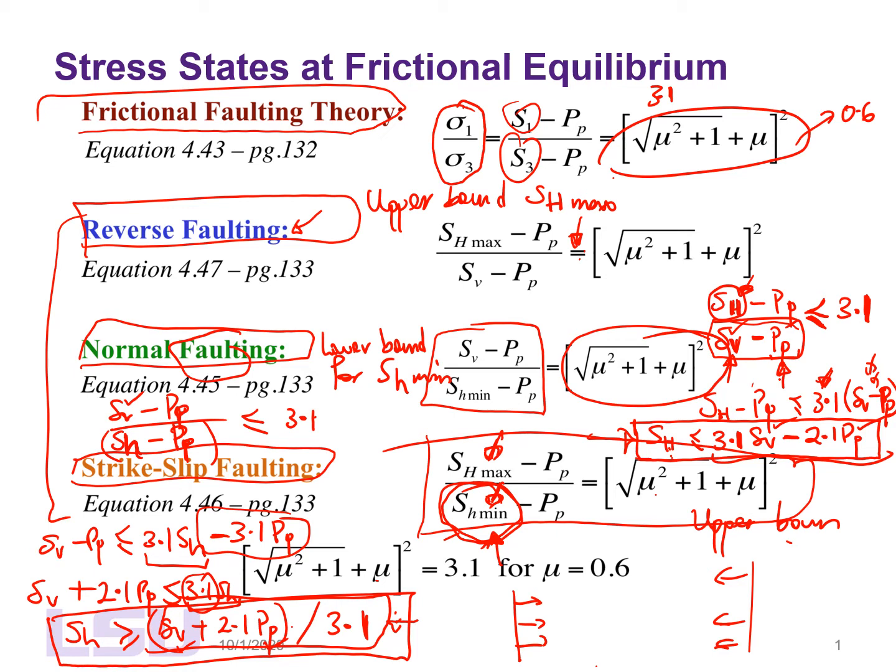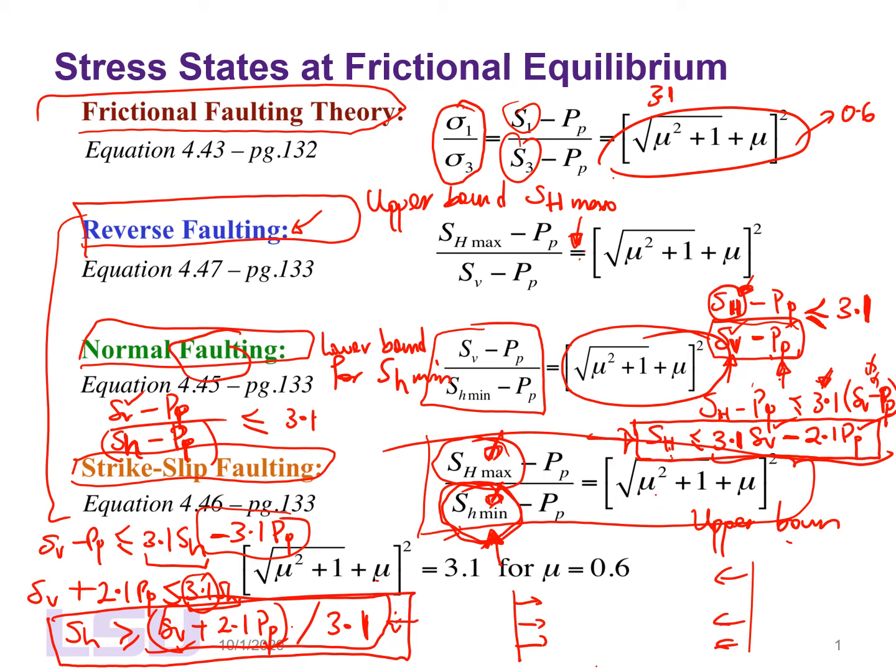And later we'll talk about the fact that you can get it from drilling induced tensile fractures too. And again, everything is based on the fact that you are injecting fluids. You know the pressure of the fluids you are injecting. At that moment when the fluid begins to go into the fracture, meaning you are beginning to create a fracture, the pore pressure in the fluid equals SH mean. Then you will be able to calculate a bound for SH max given SH mean.